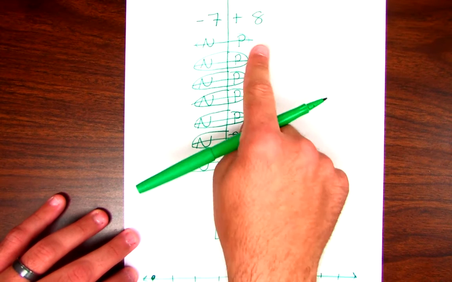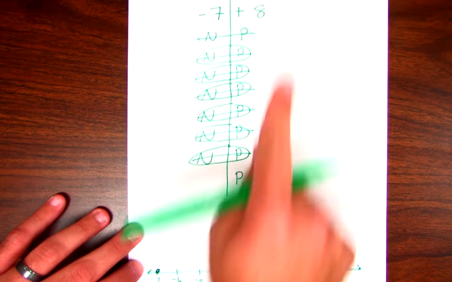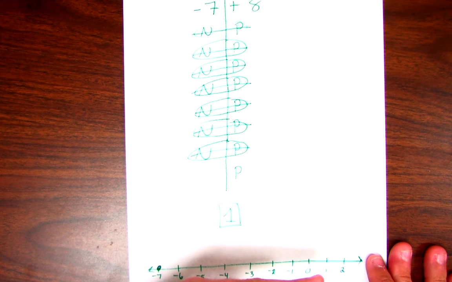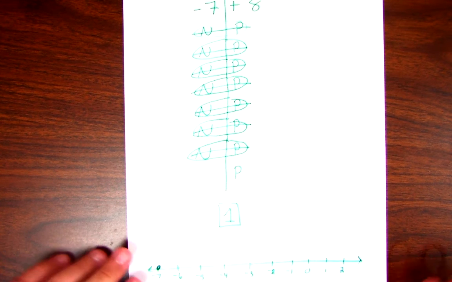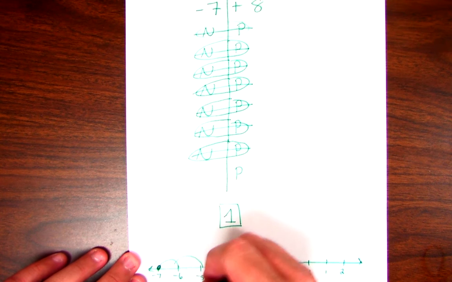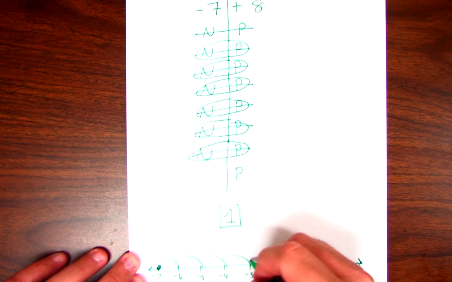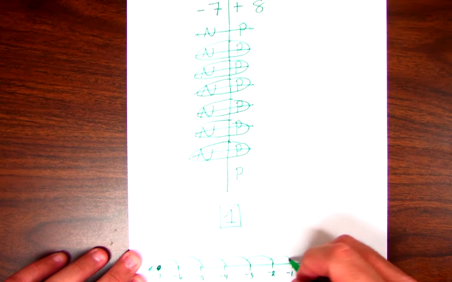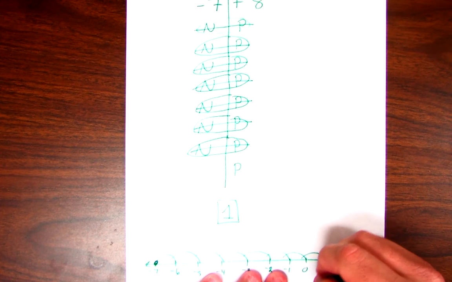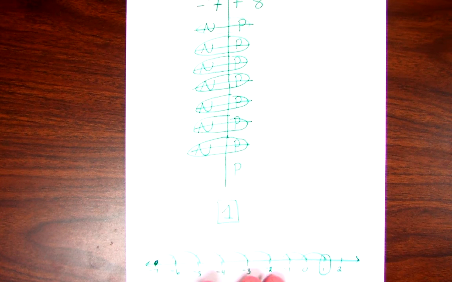But then it tells me to go into the positive direction 8 units. Going positive means going from left to right. We're going towards the positive. So let's go to the right 8 units. 1, 2, 3, 4, 5, 6, 7, 8. Where did I finish off at? I finished off at a positive 1. That would be your answer. Let's look at another example.